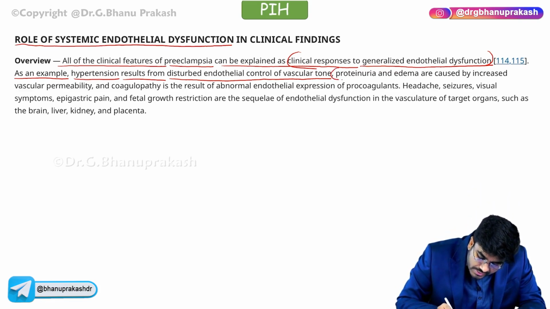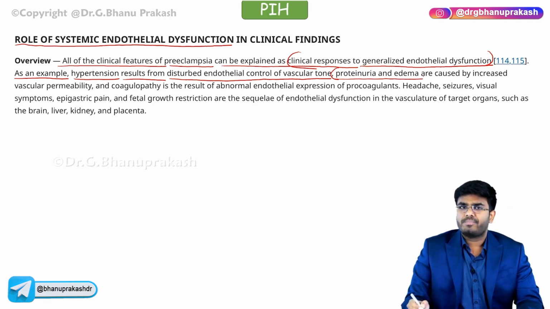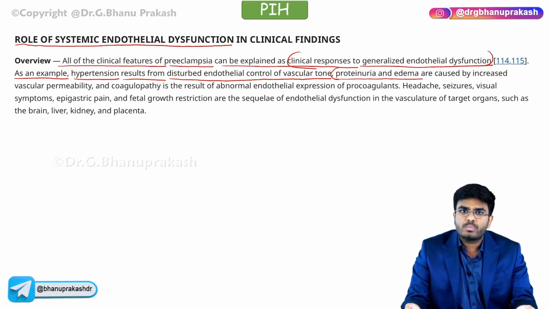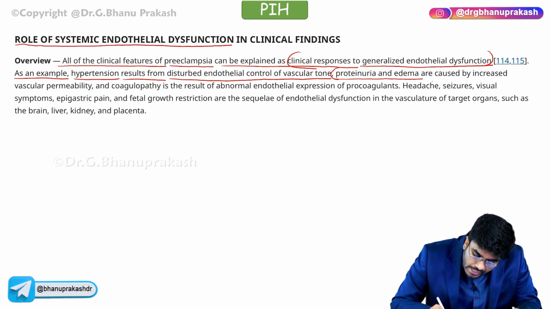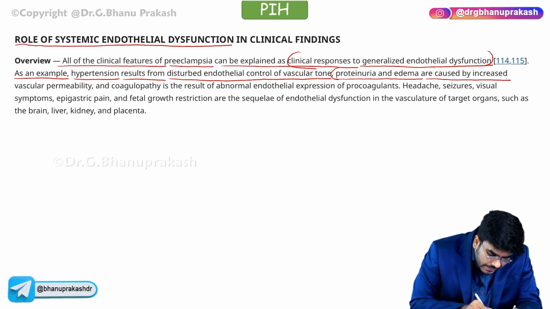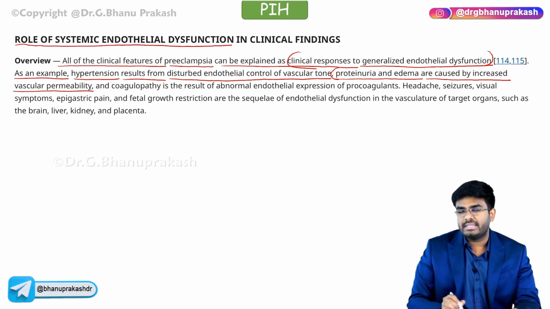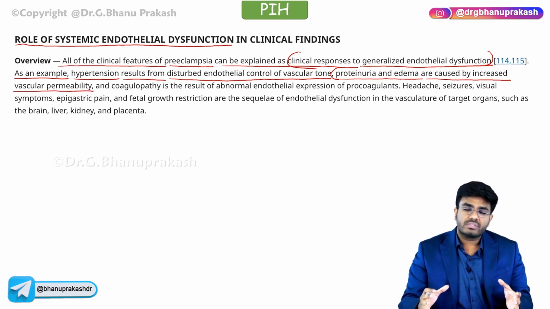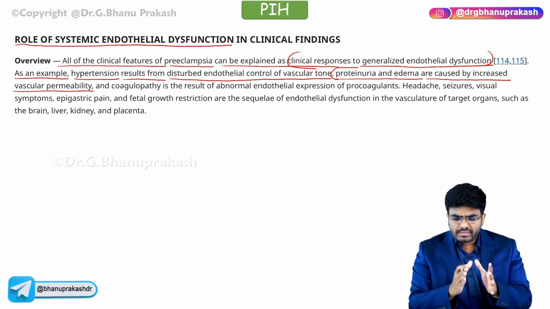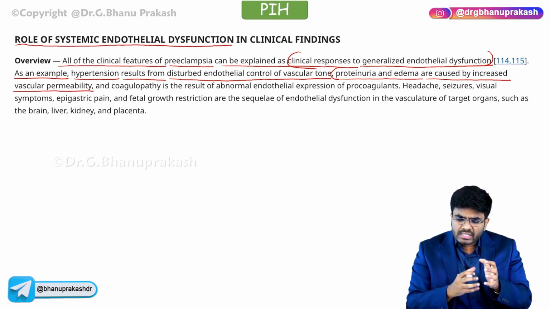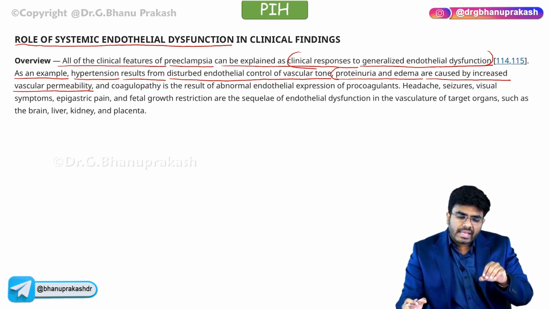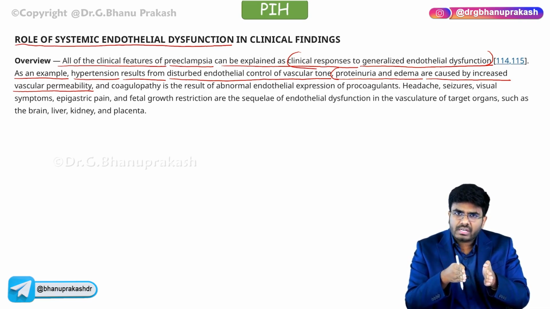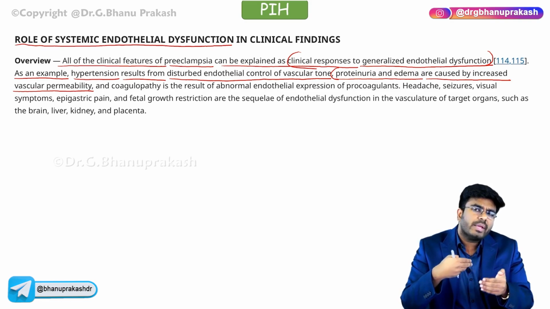And please concentrate here: proteinuria and edema. In pregnancy-induced hypertension, yes, there is proteinuria and edema. Why is there proteinuria and edema? Proteinuria and edema are caused by increased vascular permeability. These inflammatory mediators, we have already studied in pathology, that whenever there is acute inflammation, the inflammatory mediators cause endothelial separation or endothelial cell retraction and all the stuff, so that the vessels will become more leaky.